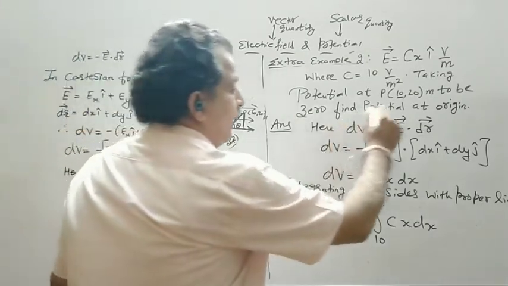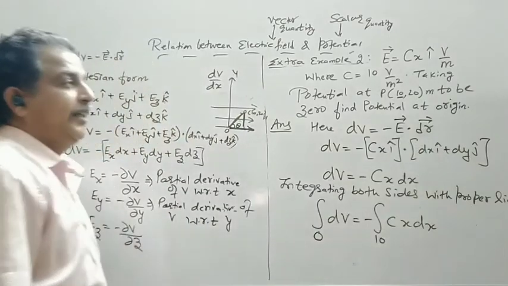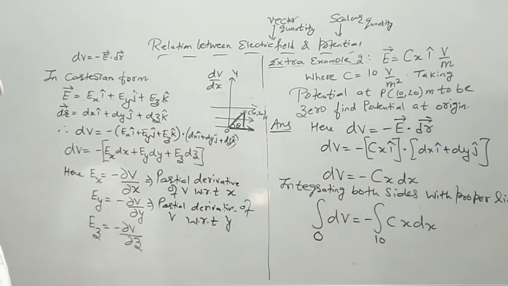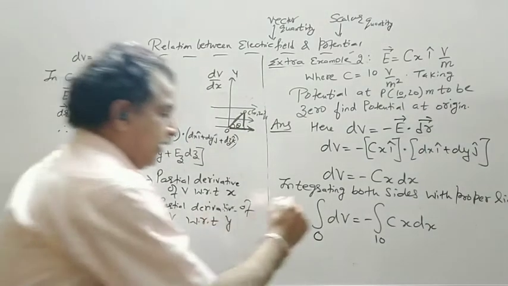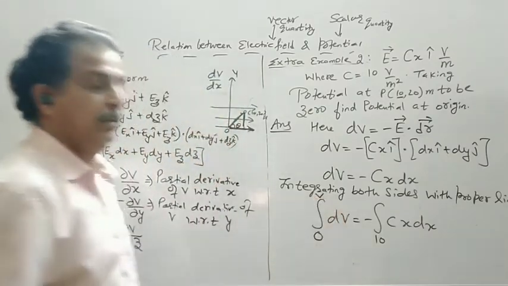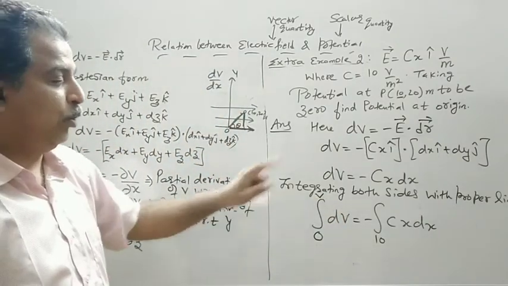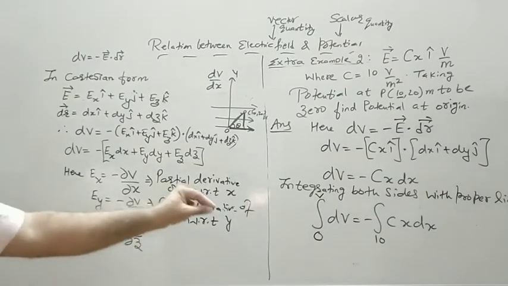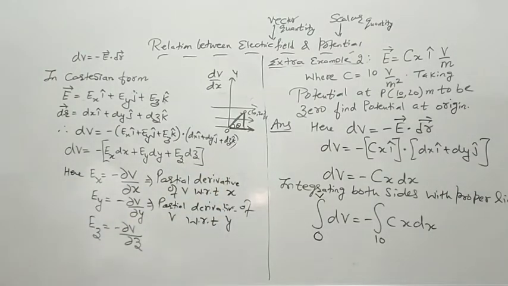Now I have to find out the potential at the origin. Suppose the potential at the origin is V. So the limit of dV becomes 0 to V, and the limit of dx becomes 10 to 0.